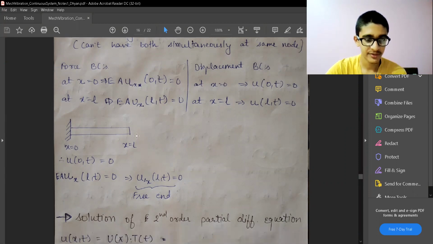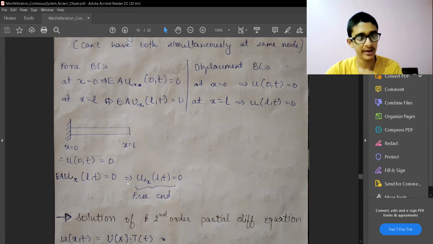So let's look at one of the conditions where we have a cantilever beam with a free end, and the other side is not applied with any force. So at x is equal to 0, I have a geometric boundary condition that the displacement will always be 0 because it is a cantilever beam. And on the right hand side, or at x equal to L, I have my force equal to 0. That means my external force is equal to 0.